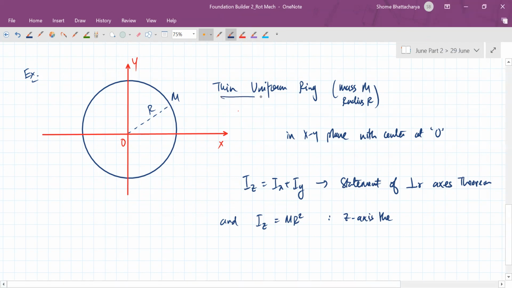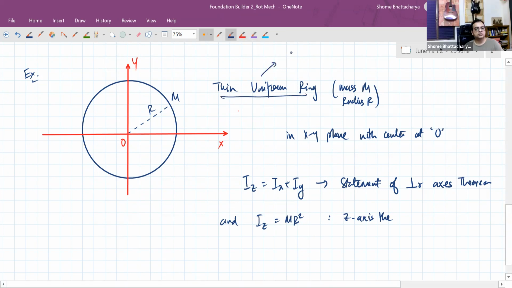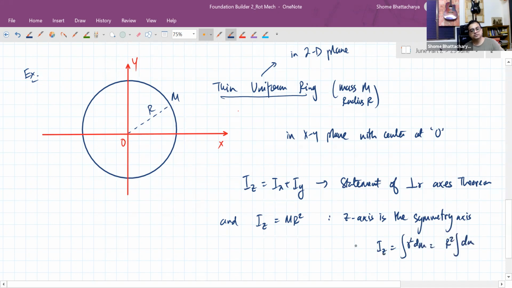It's a thin ring in a two-dimensional plane, so we can apply the perpendicular axis theorem to it. So Iz will be mr square because the z-axis is the symmetry axis. Moment of inertia about the z-axis is integration r squared dm, which is the derivation we had done last time, right?